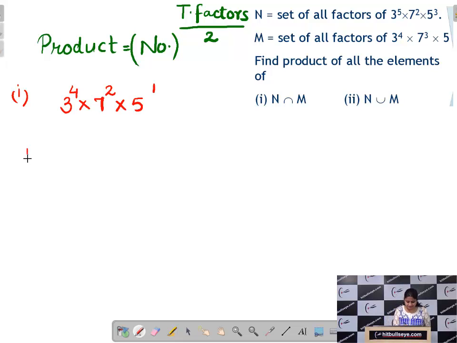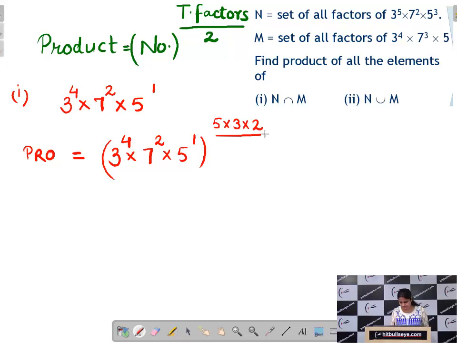So we can apply the product formula. So the product will be the number itself raised to power total number of factors divided by 2, which comes out to be 3 raised to power 60 into 5 raised to power 15 into 7 raised to power 30.